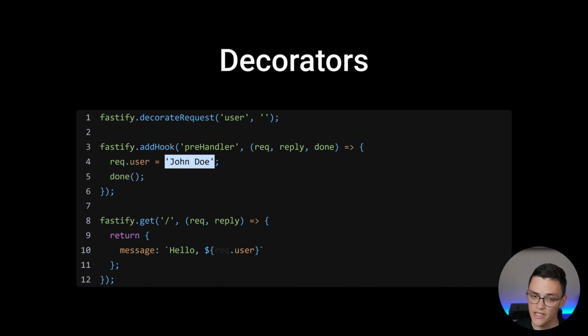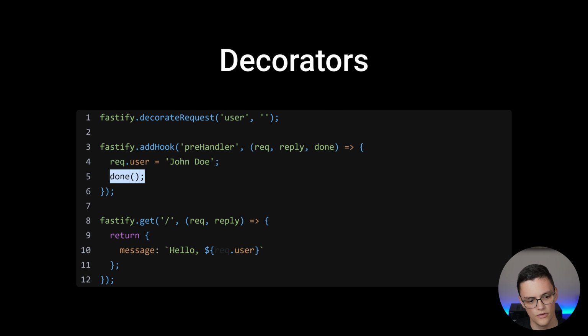But in a real application, that wouldn't be just a string. It would usually include the user ID or the name of the user in some cases if you need it, the user email, or other things. And then it fires the done callback so that the hook terminates.